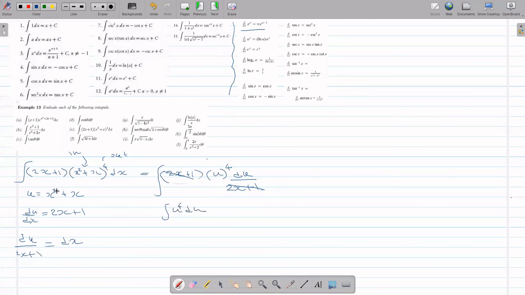Now this is the derivative, no? I bring down 2 here using this rule. Now here is an integration, so I have to use this rule, that is with n plus 1. So here u to the 4 plus 1, u to the 5. In the denominator I get 5, plus c. Now u to the 5.